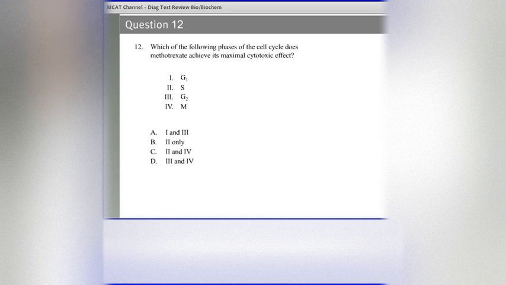What are some clues in the question stem? Because we can't answer this without at least some knowledge of either methotrexate or of the different phases. What are some clues? Okay, cytotoxic. That sounds pretty bad, Suhag. Sounds nasty, Nicole. So cytotoxic sounds like it'd be a really bad thing for us to have.